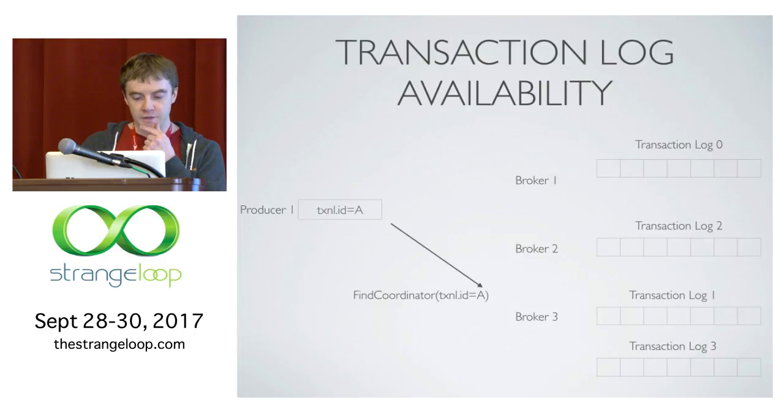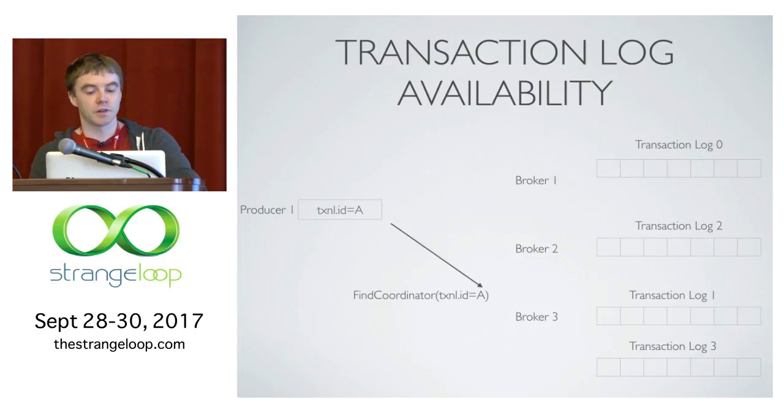So for this, we have this find coordinator request. Whoever the leader of the partition that transactional ID is mapped to is, we call its transaction coordinator. So this find coordinator request is used to find it. In this case, we're mapping to the partition 0. So the coordinator should be 1.